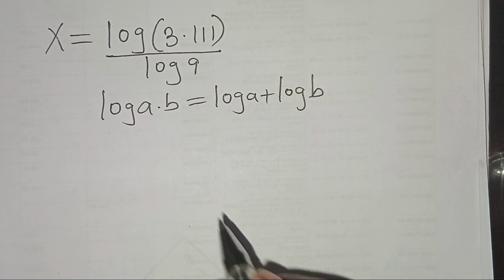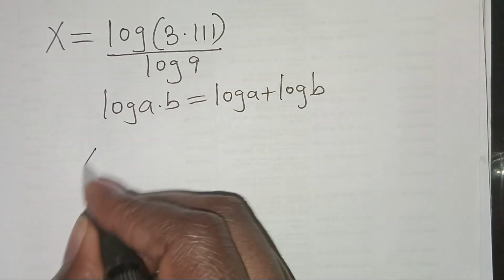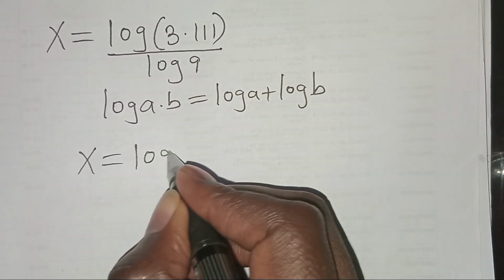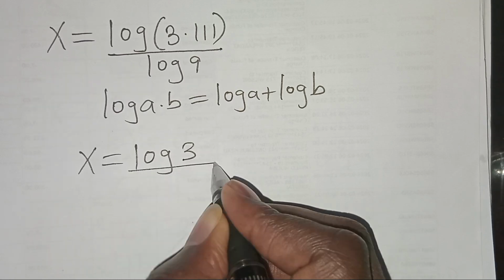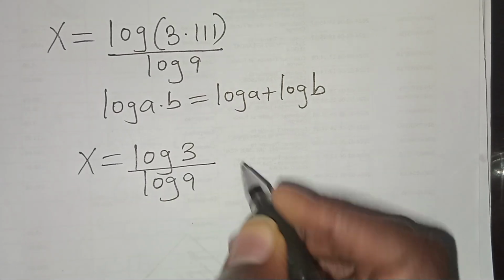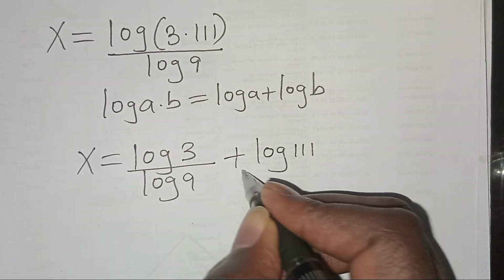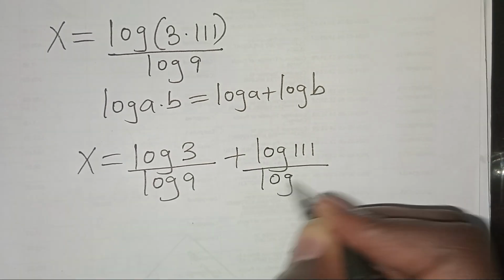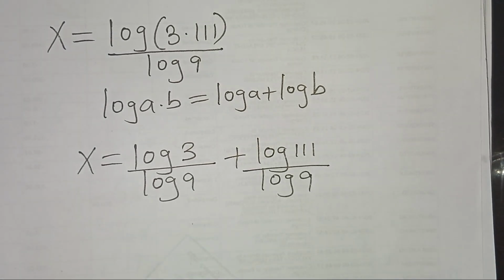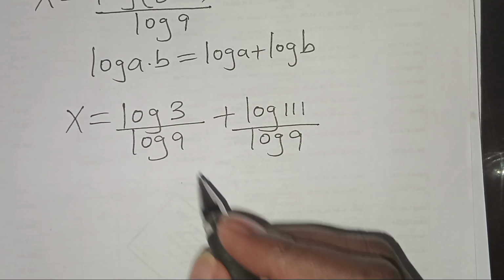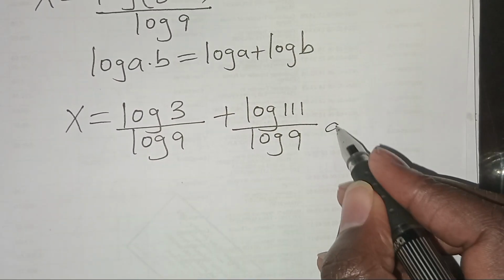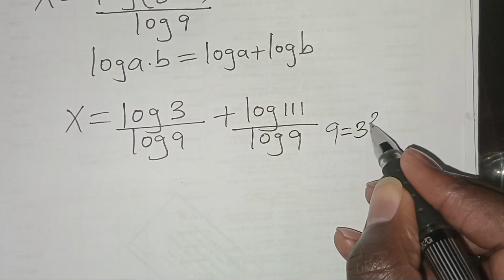Now applying this logarithm property, we'll have x is equal to log 3 divided by log 9 plus log 111 divided by log 9. Now the next step here, we can express 9 basically as 3 to the power 2.